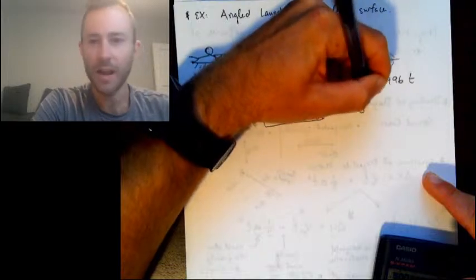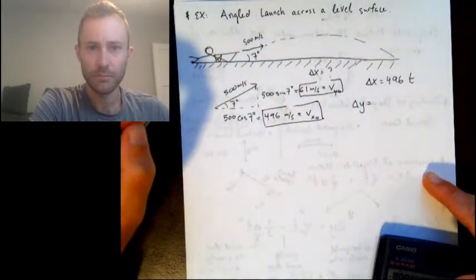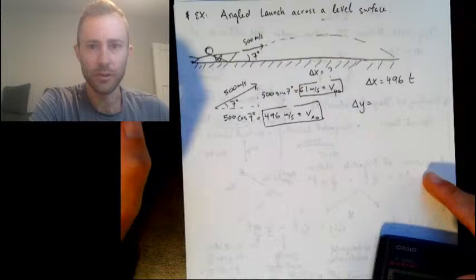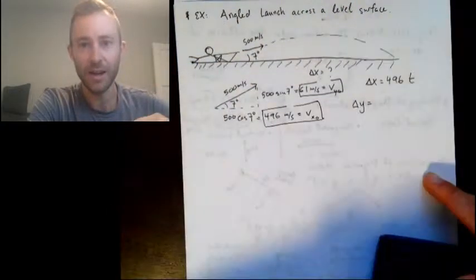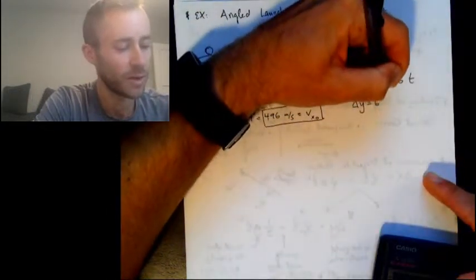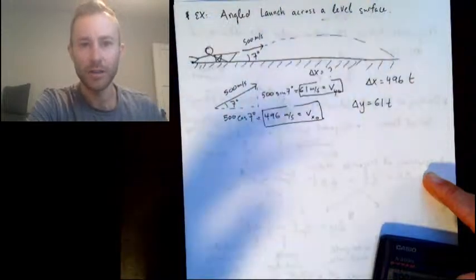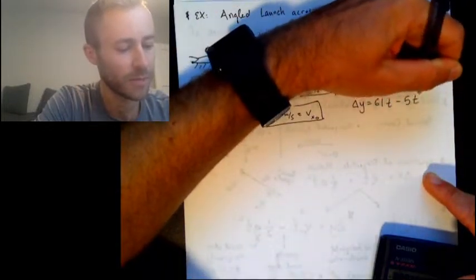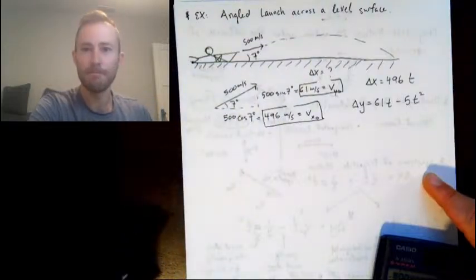Our delta y equation is going to be Vy naught times time, so 61t minus 1/2 gt squared, so minus 5t squared, like that.